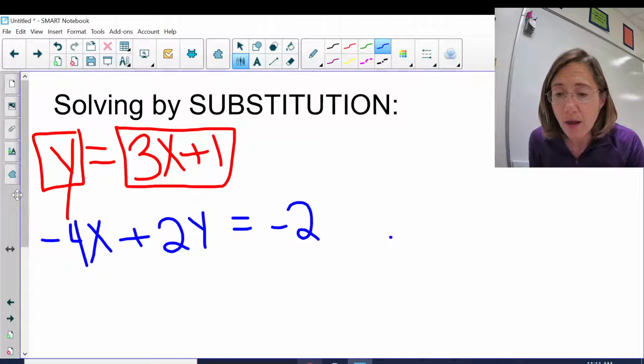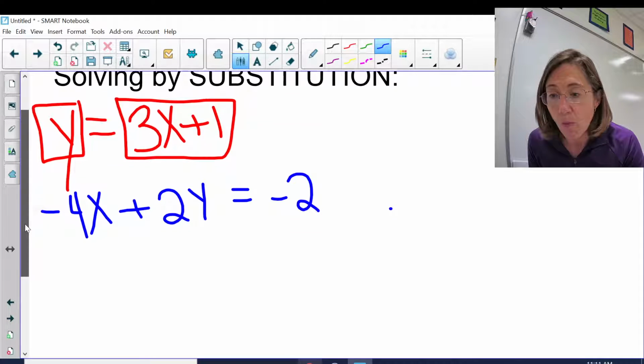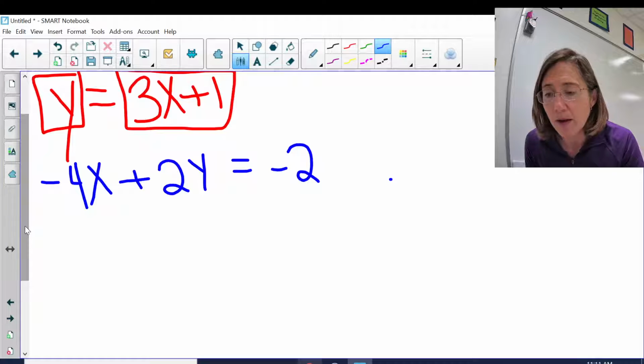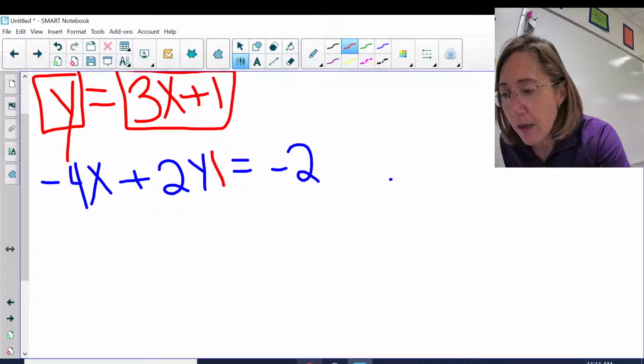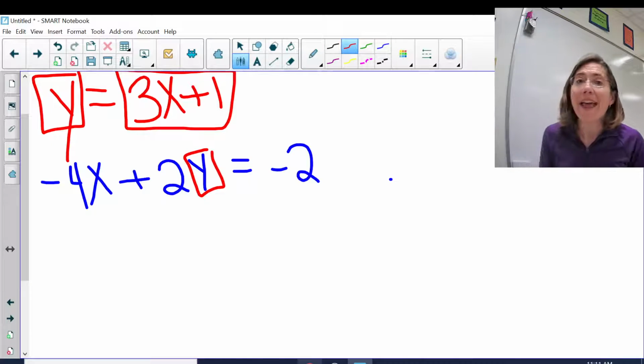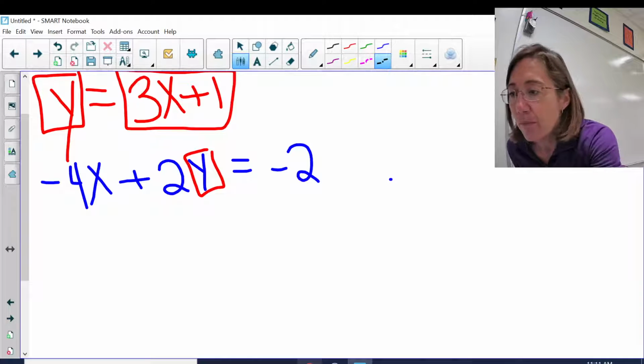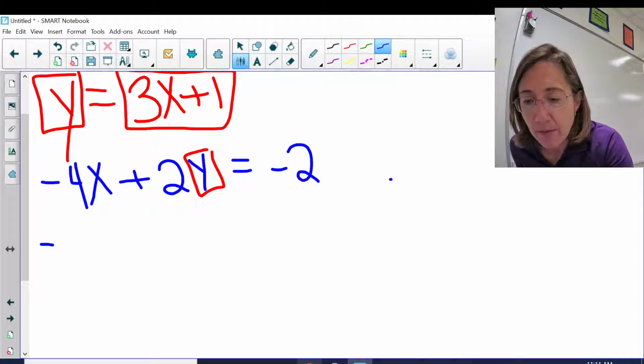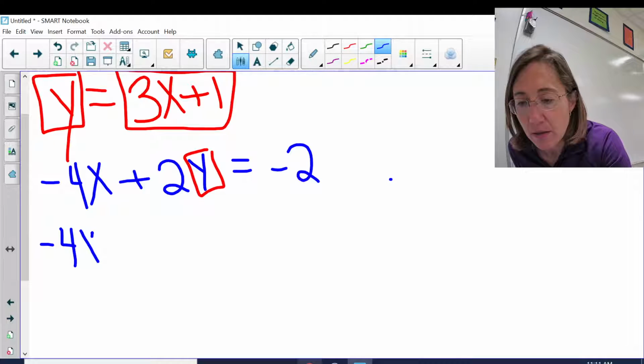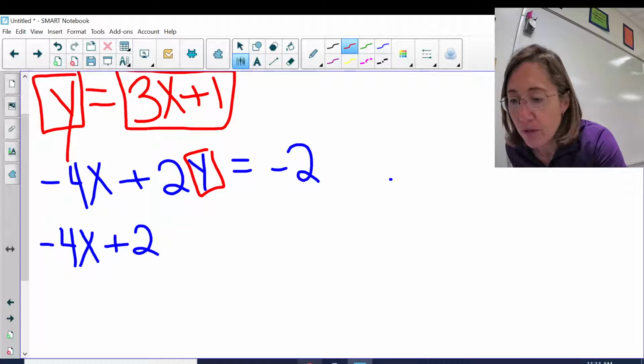So back to the thought of replacement, substitution. A y is equal to a 3x plus 1. So right here, I see a y. That's where I'm going to make the trade. That's where I'm going to replace it with 3x plus 1. So the blue equation, I'm going to copy it down just like it appears until I get to the part where the trade is going to happen. So boom.